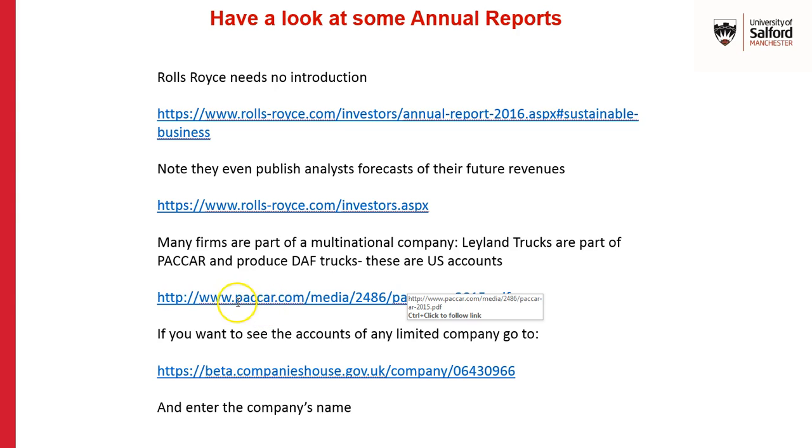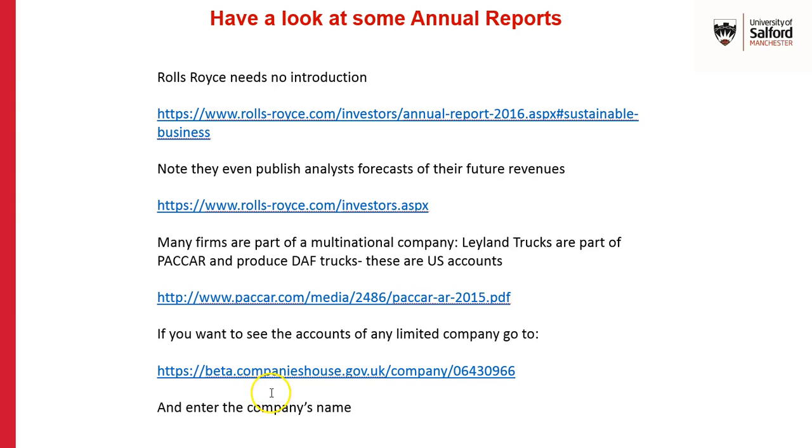You can have a look at their accounts with that link, and then if you want to have a look at the accounts of any company, you can go to Companies House, and they will do a name search. So for example, in Didsbury I could trace the accounts of our local fishmongers, knowing the name they were trading under, and under the name of the limited company, and I could see their sales for the year.